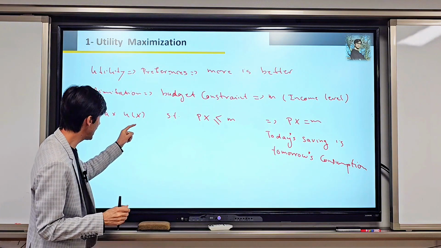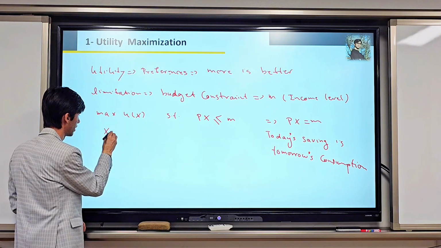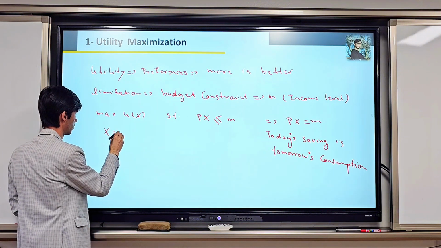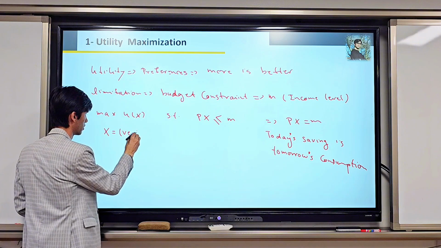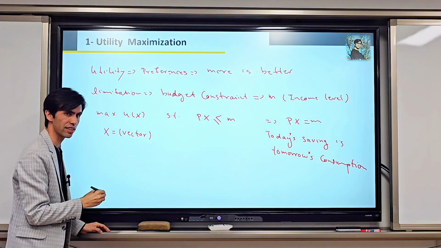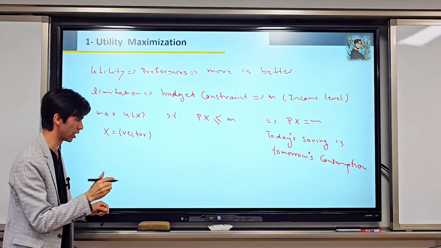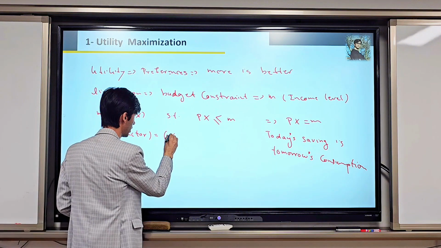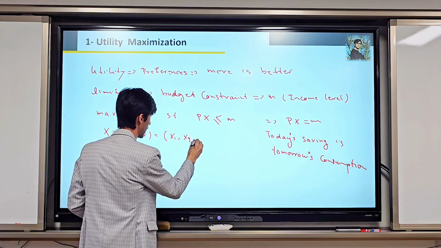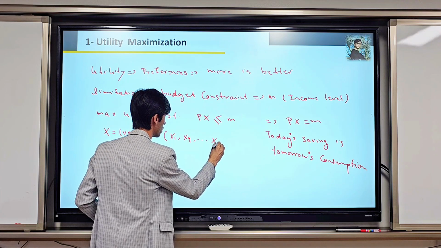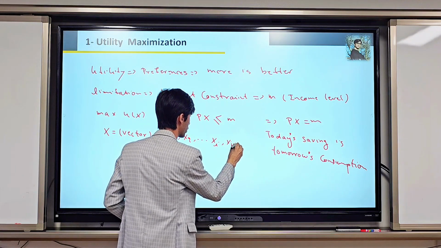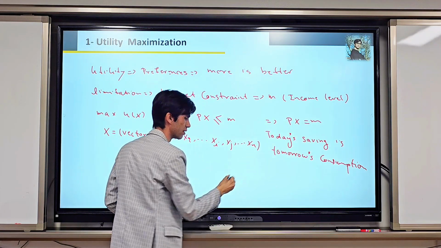So in here, this X is a vector. It means it's a consumption bundle. It can be X1, X2, Xi, Xj, up to Xn.